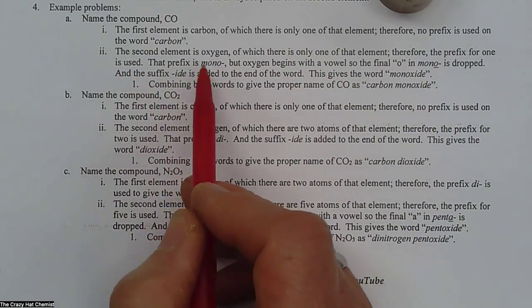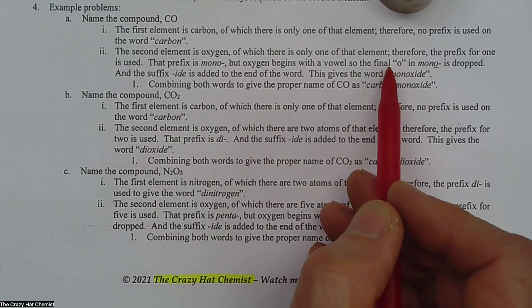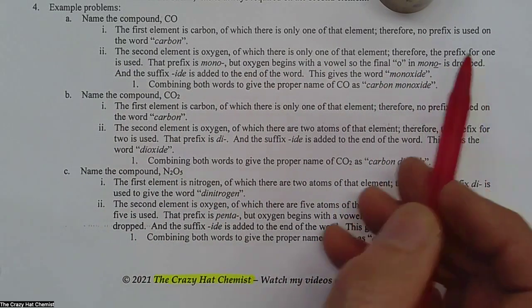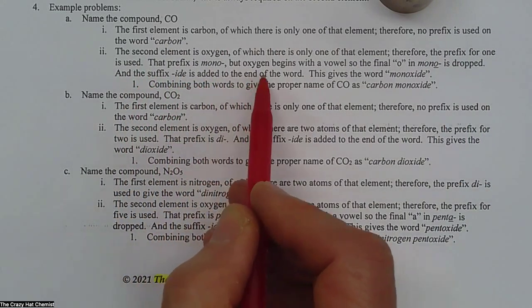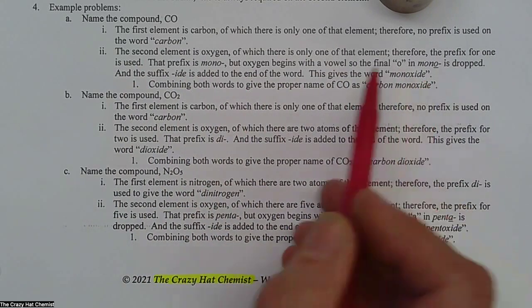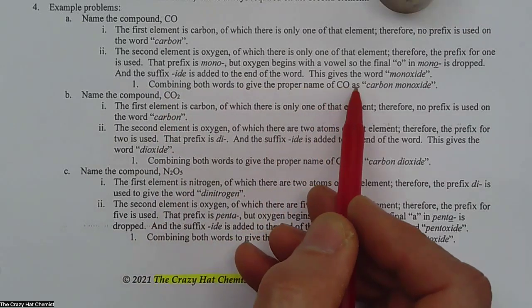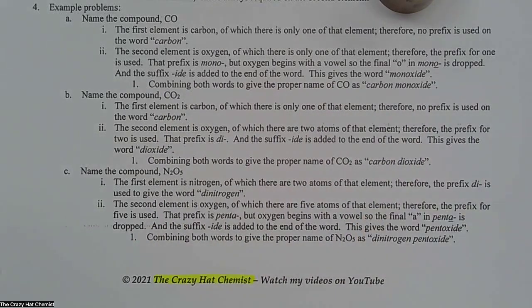That prefix is mono, but oxygen begins with a vowel, so the final O in the mono is dropped, and the suffix IDE is added to the end of the word. This gives the word monoxide. Combining both words gives the proper name of CO as carbon monoxide.